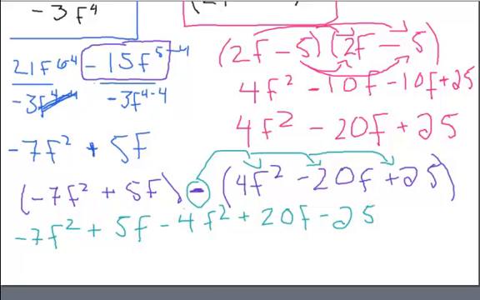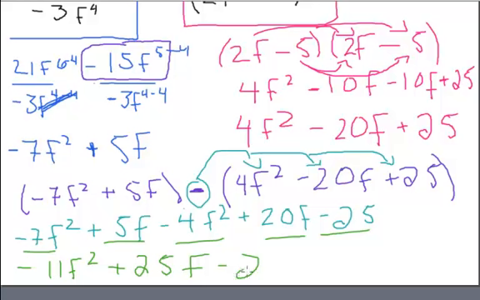Now my last step is just to collect like terms. I have a negative 7f^2 there, and another f^2, which is a negative 4f^2. So negative 7 and negative 4 becomes negative 11f^2. Let's look at the f. 5f and 20f, 5 plus 20, is 25f. And lastly, for the number, just negative 25. And that's my answer.